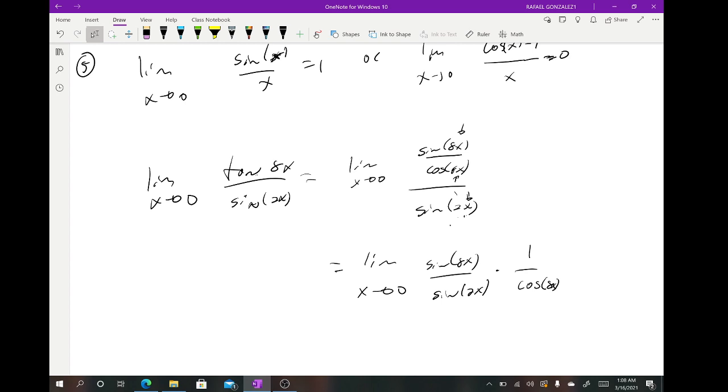And if we do this, then what happens? Well, now we can actually take the limit as x goes to 0 of both of them. And let's see, can we plug in 0 here?